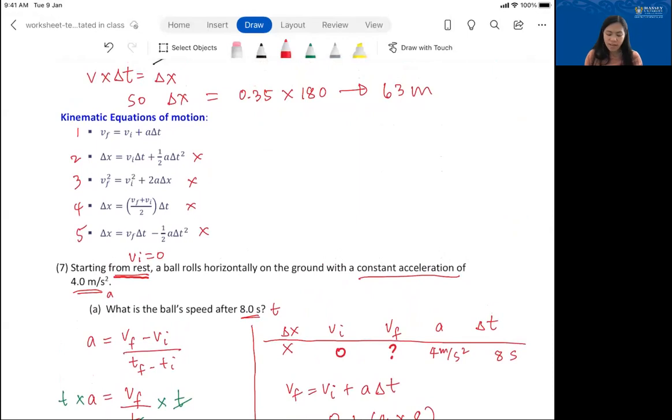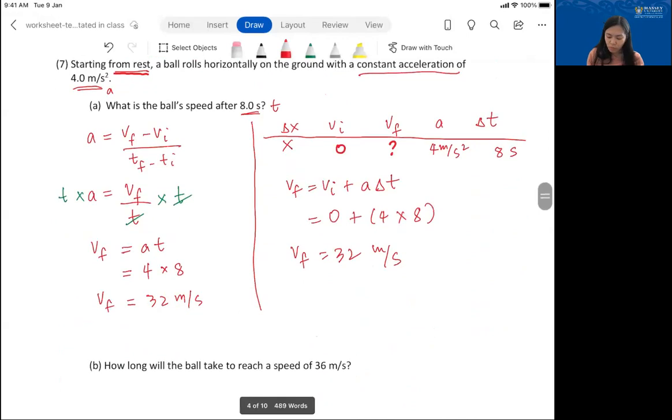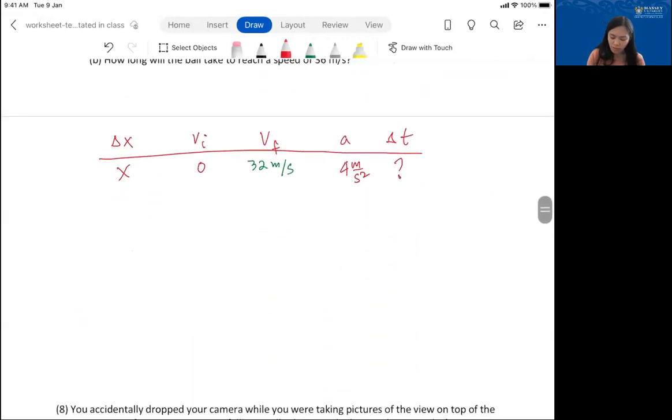So it's still the first equation that will be useful, but we need to rearrange that to find delta T. So you have VF is equal to VI plus A delta T. We did the rearranging of this in the first question. So I won't go through the rearranging in detail, but delta T is VF minus VI over A, that's the rearranging that we did in the first question.